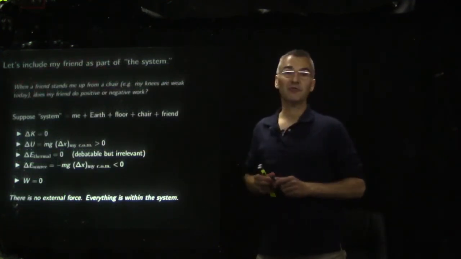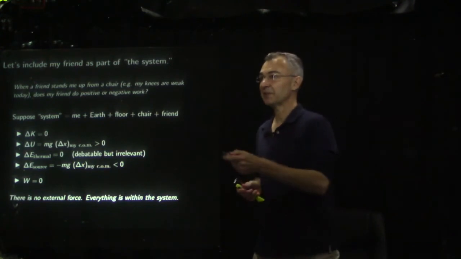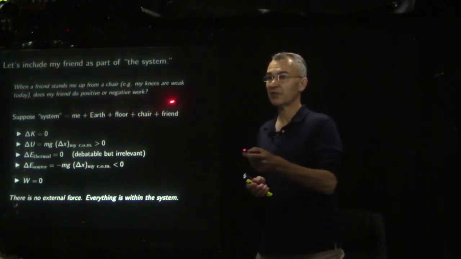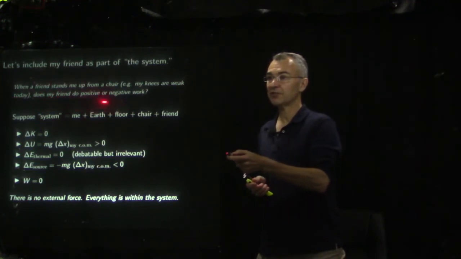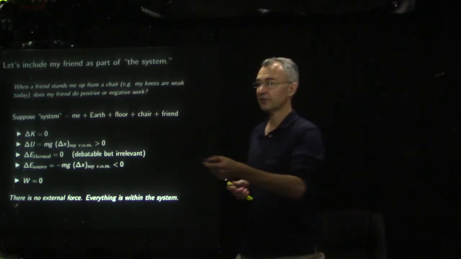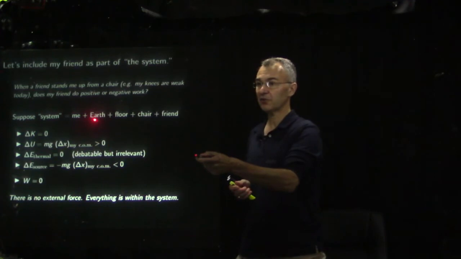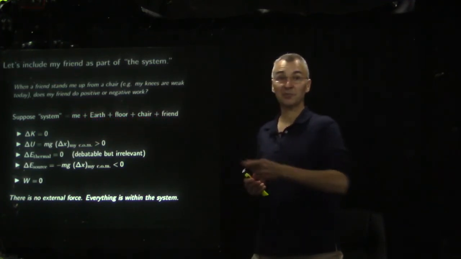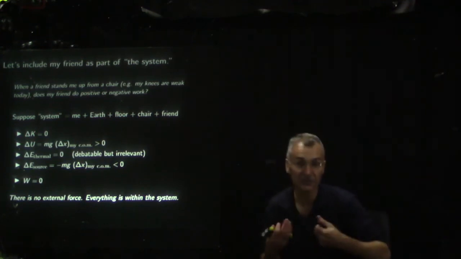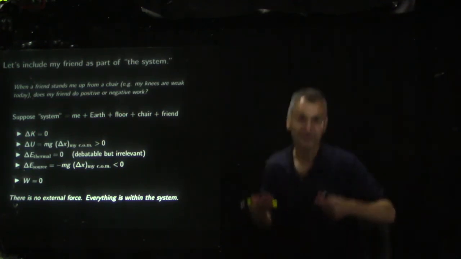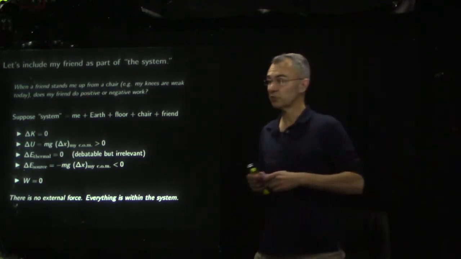Now, let's include my friend as part of the system. When a friend stands me up from a chair because my knees are weak, does my friend do positive or negative work? If the system is me plus the earth plus the floor plus the chair plus my friend, the change in kinetic energy is 0 because initially nothing is moving, and in the final state nothing is moving.